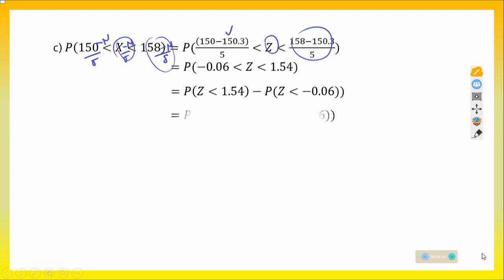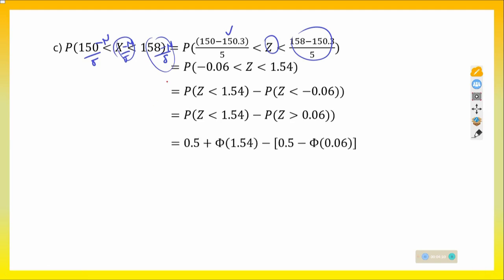So from that given point, you treat this as this. It remains the same. Since we have a minus here, this sign must change to a greater sign. So from there, we can now interpret this. If it is less, it becomes addition.